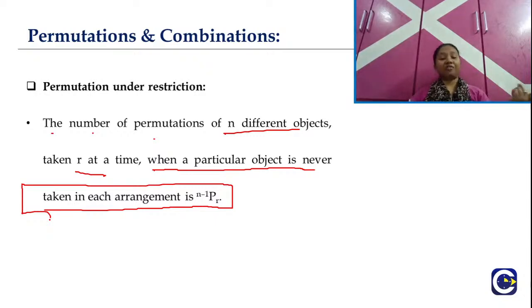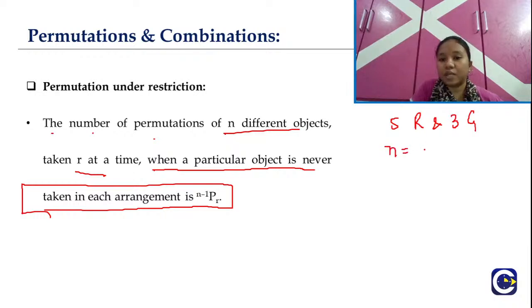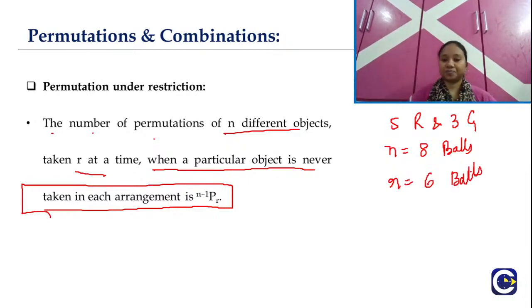Initially we had to include a particular object always in each arrangement, but now the restriction states that a particular object is never taken. We'll take the same example. Let me take 5 red balls and 3 green balls. My total n will be 8 balls, amongst which I have to take 6 balls for the arrangement.